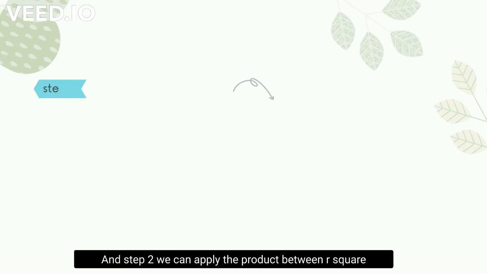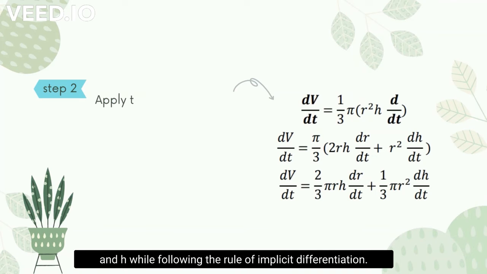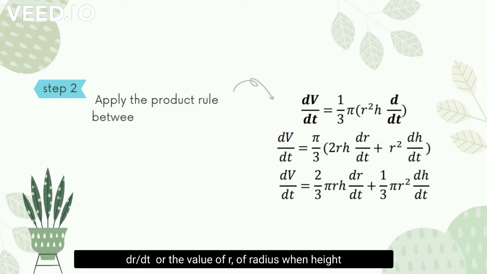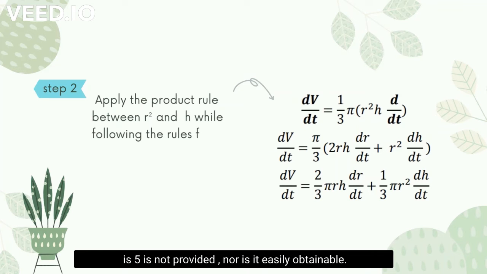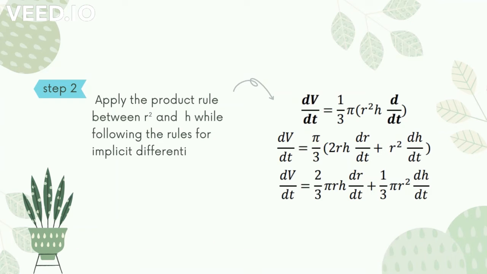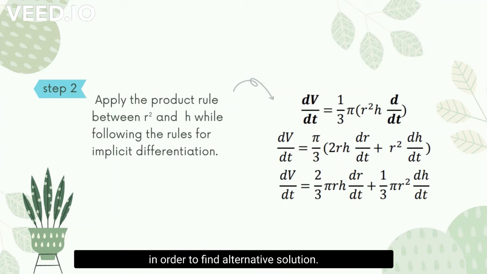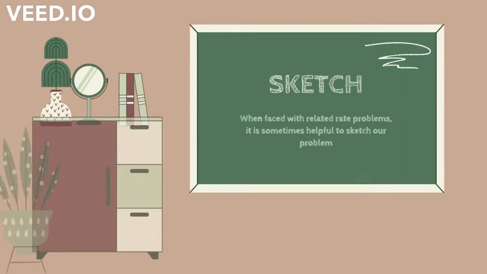And step 2, we can apply the product rule between r squared and h while following the rule of implicit differentiation. dr over dt, or the rate of the radius when height is 5, is not provided, nor is it easily obtainable. We must analyze the cone further in order to find alternative solutions. We will get 2 over 3 pi r h dr over dt plus 1 over 3 pi r squared dh over dt.